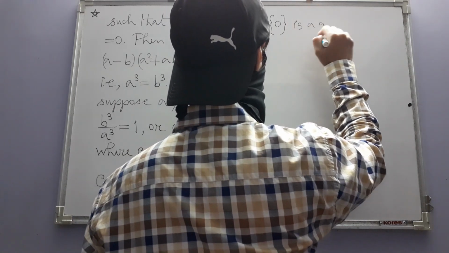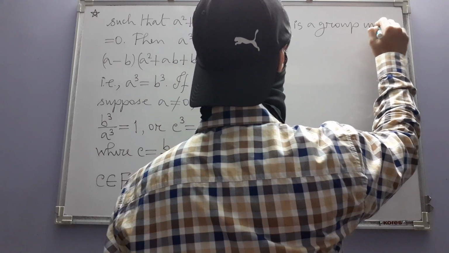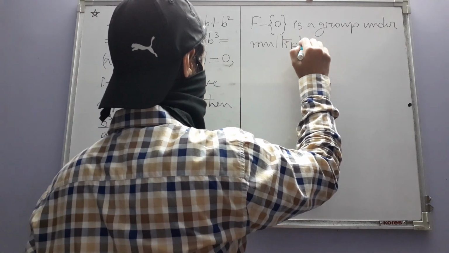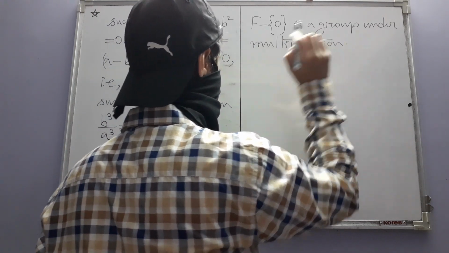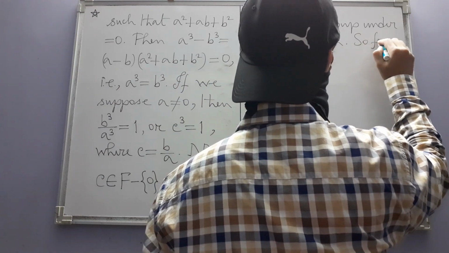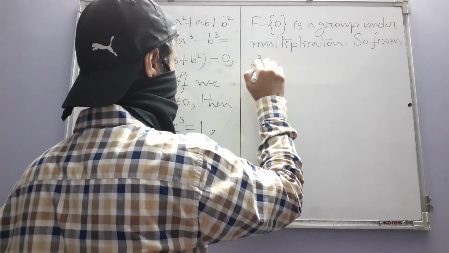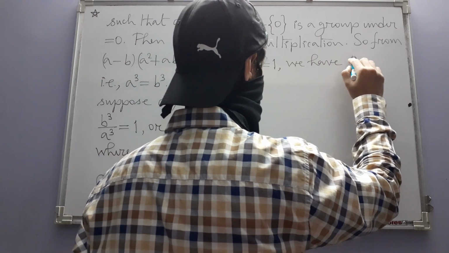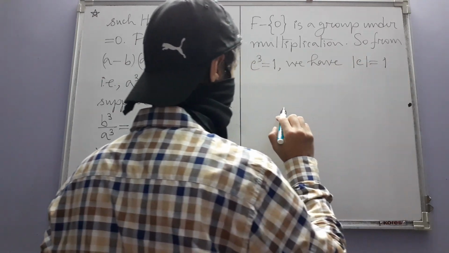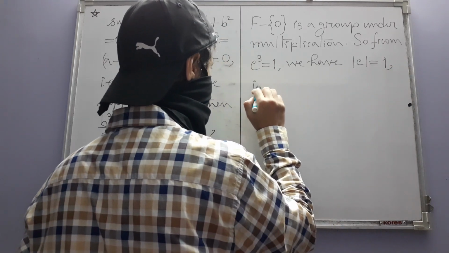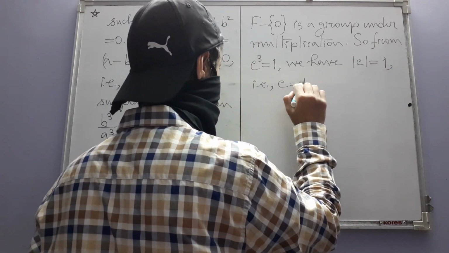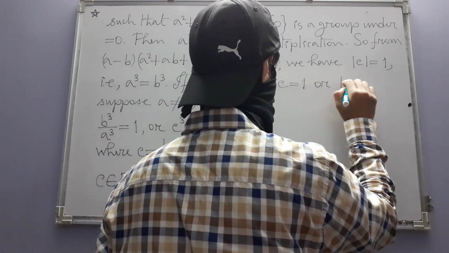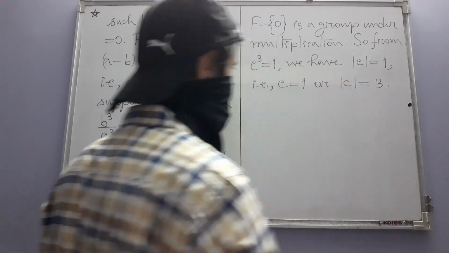Is a group under multiplication. So, from C cube equal to 1, we have order of C equal to 1, which simply means C itself equals 1, or order of C equal to 3.